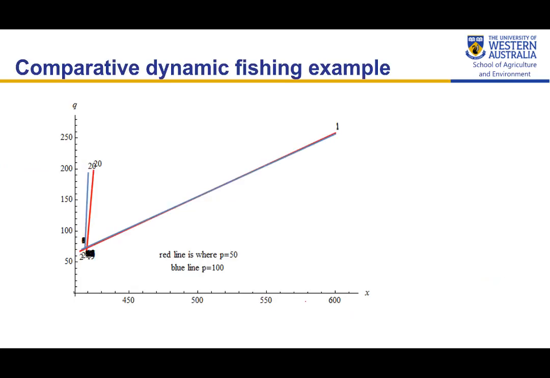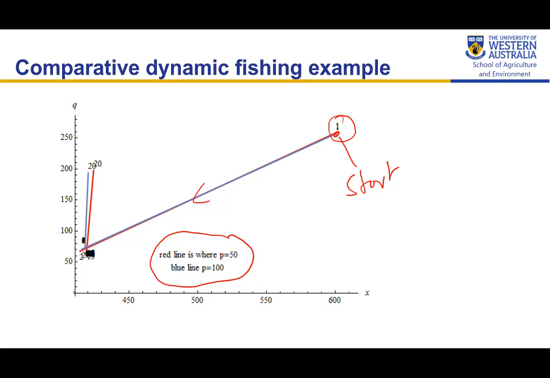And here's another example of comparative dynamics. In this case, the exogenous variable price is set at two different levels, and the starting point for the fisheries is the same. It's here. So the fishery starts life here with a stock of around about 600.